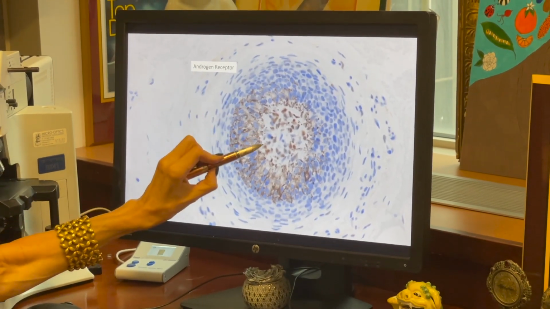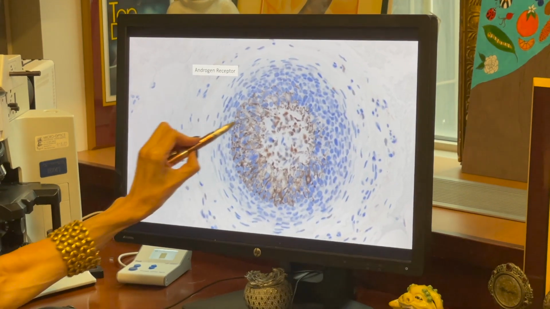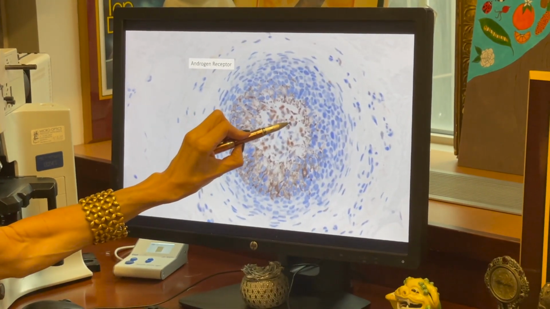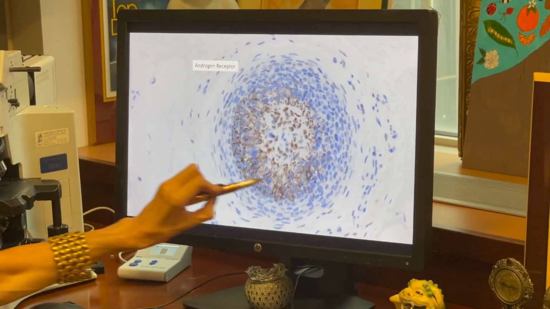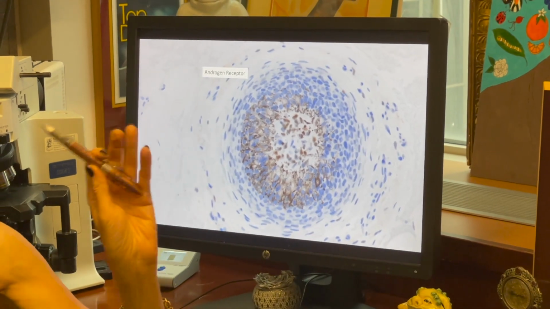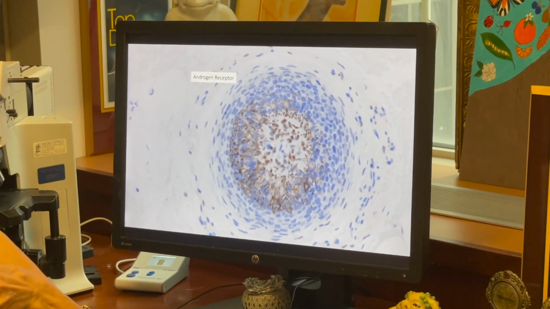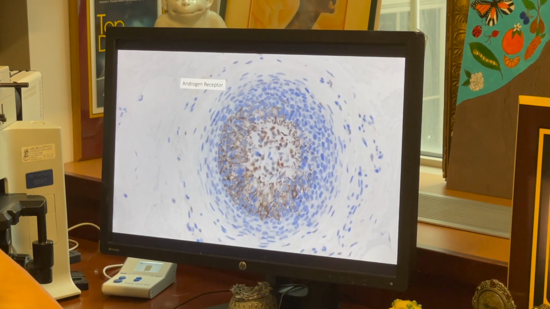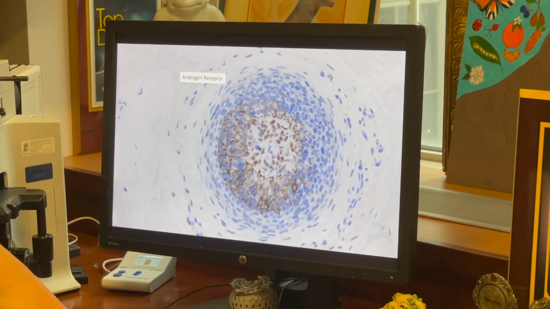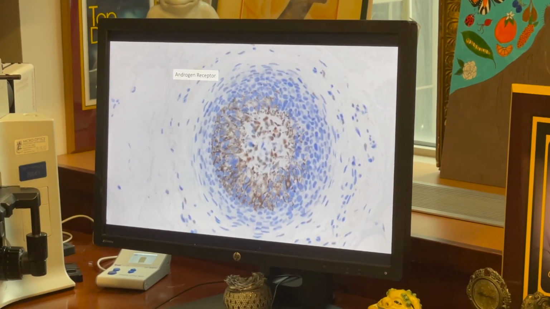And again, it is the dihydrotestosterone binding to these cells that somehow alters the dynamics of that anagen hair to accelerate its cycle, to result ultimately in hair miniaturization, which is the essence of androgenetic alopecia.